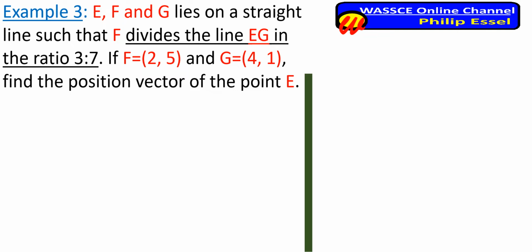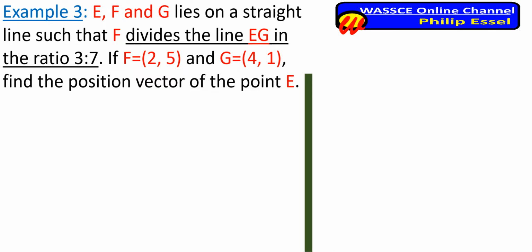From the question, we are being told that the 3 points E, F, and G lie on a straight line such that the point F divides the line EG. What it means is that we have the line segment EG and the point F is in between them, and it divides the line segment in the ratio of 3:7.